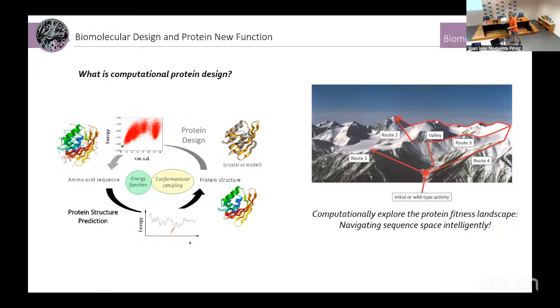Try to find or propose strategies that allow us to estimate the free energy of a predicted protein sequence that relates to a protein structure that minimizes the free energy of the system and is able to proficiently catalyze a chemical reaction or to achieve a desired protein property. So we need to define computational strategies to navigate this sequence space intelligently. And this is very complex, as you can imagine.